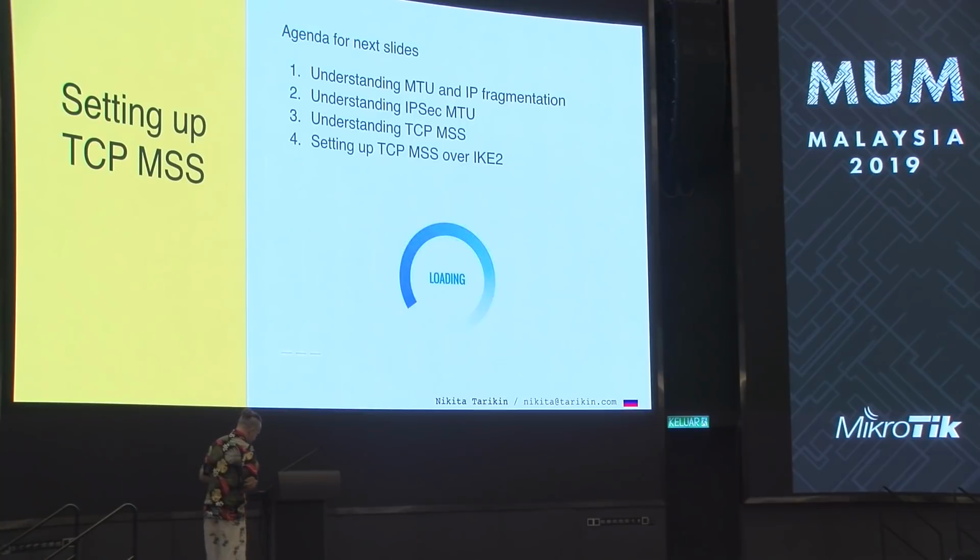Okay, I'll try to explain a little bit about TCP MSS. I know lots of guys have problems with IPSec because of misunderstanding what TCP MSS is. I think I have enough time. I'll try to hurry up.